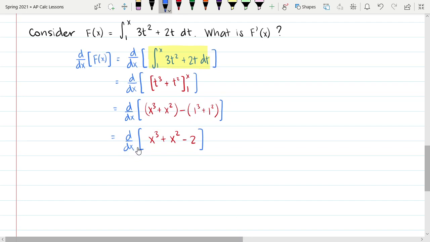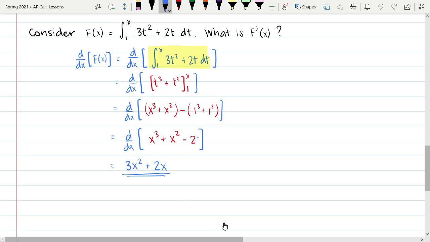Okay, so now we're just taking the derivative of that expression. Well, remember the derivative using the power rule, so the derivative of x cubed is just 3x squared, plus the derivative of x squared is 2x, and then the derivative of negative 2 is just 0. So we just get 3x squared plus 2x.